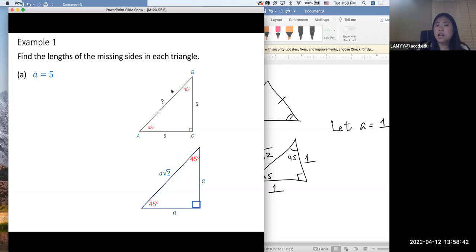And then the hypotenuse should be equal to A square root of 2, right? So you know A equals 5, you can just plug it in. So the segment AB is equal to 5 square root of 2. Okay, now I want you to try part B.